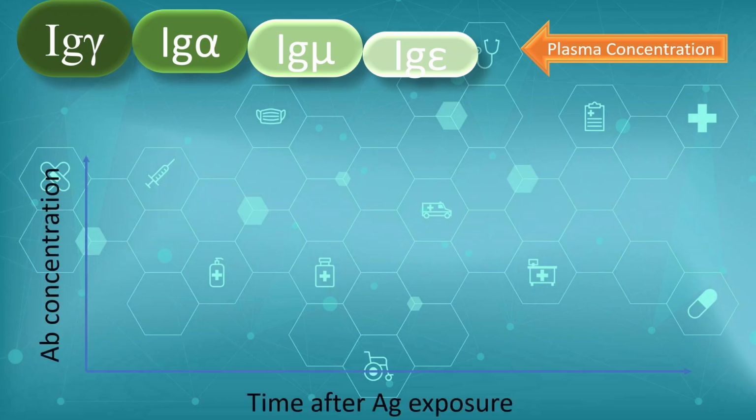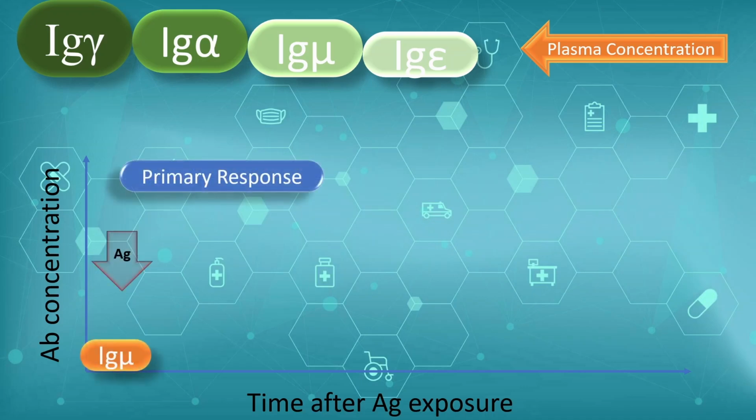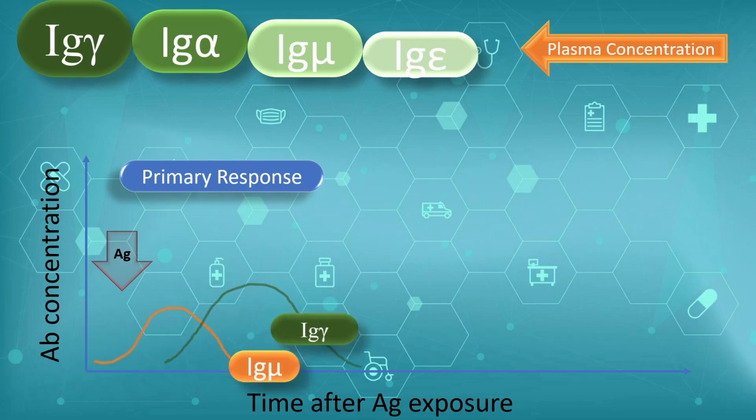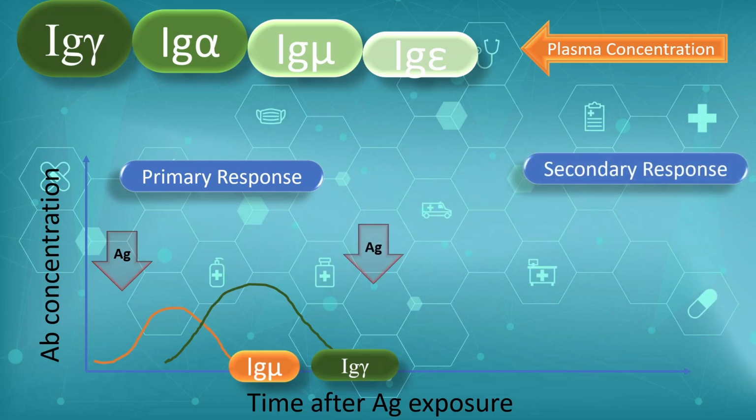Due to the presence of immunoglobulin M and immunoglobulin D on the surface of a naive B cell as a B cell receptor, when a B cell is activated for the first time, it is going to produce immunoglobulin M. So a primary immune response will have higher concentration of immunoglobulin M than immunoglobulin G. But during a secondary response, when we are exposed to the same antigen for the second time, since we have a memory from the previous exposure, we will have higher concentration of immunoglobulin G than immunoglobulin M.